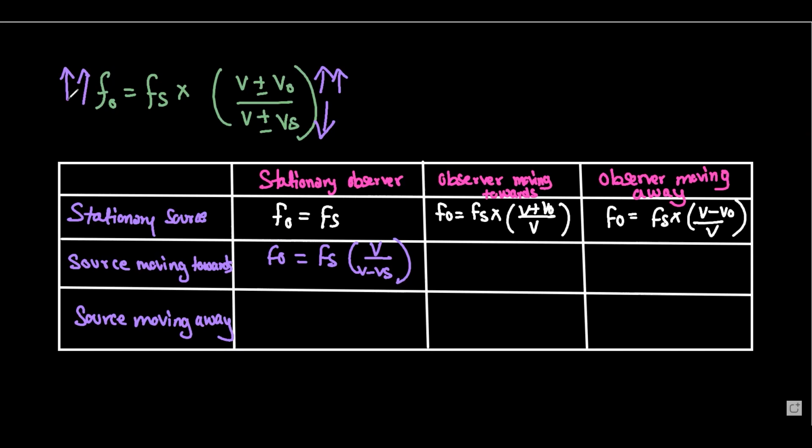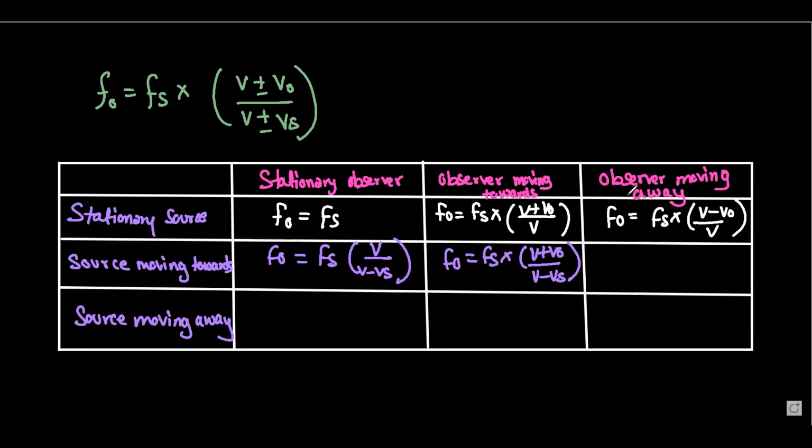So it's obvious that the frequency observed by the observer will increase. So therefore, F naught is equal to Fs into V plus V naught over V minus Vs.